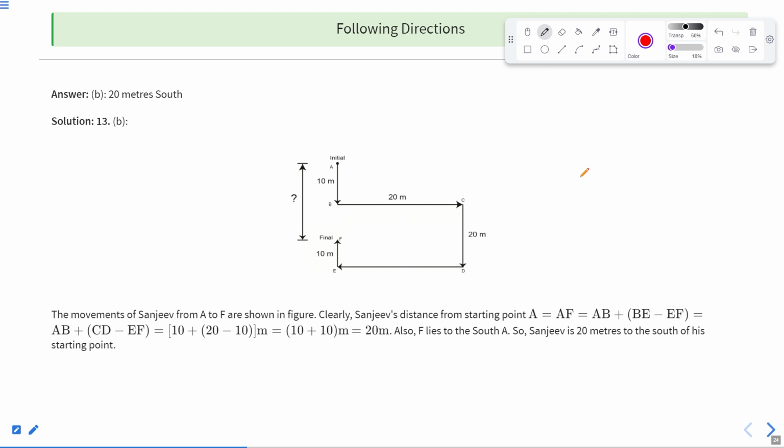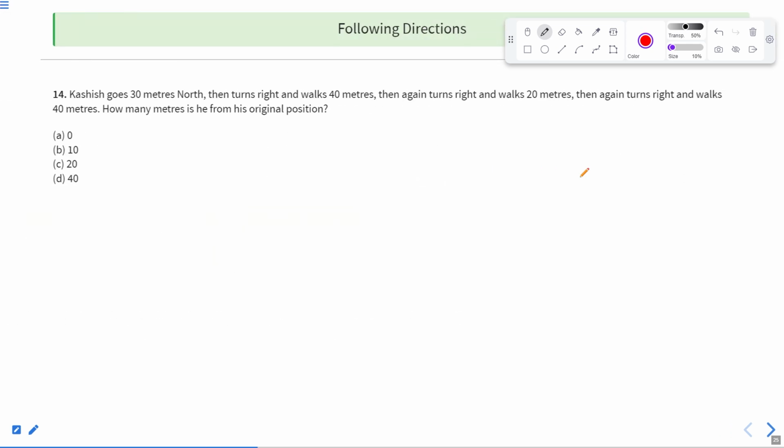Therefore, starting distance from A is equal to AF. AF is AB plus BE minus EF, which is AB plus CD minus EF, which is 10 plus 20 minus 10, or 10 plus 10, which is 20. Sanjeev is 20 meters south of his starting point.